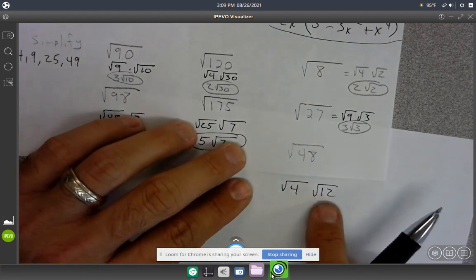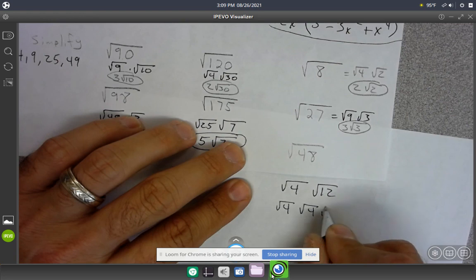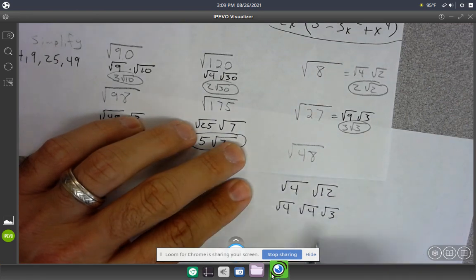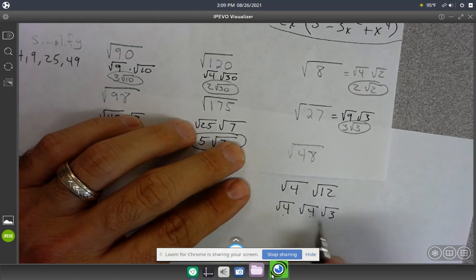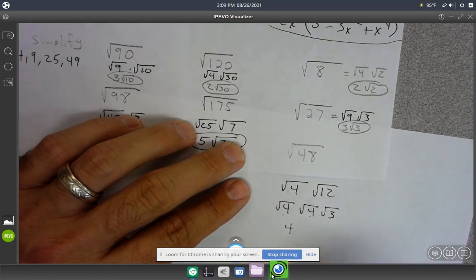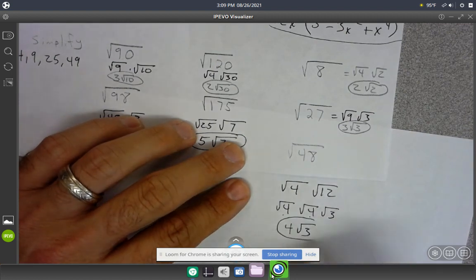And so we need to break it down one more time. 12 is going to be 4 times 3. So what I have now is 2 times 2 times root 3. Or if you want to, root 4 times root 4, that's equal to 4. Anyway, that's 2 times 2 is 4. And then I still have that square root of 3 there.